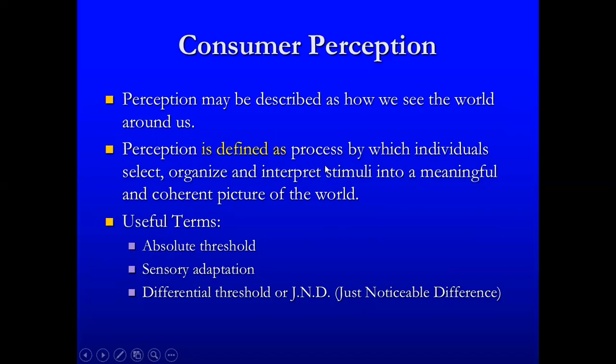Perception is defined as process by which individuals select, organize, and interpret stimuli into a meaningful and coherent picture of the world. Some useful terms for marketers are absolute threshold, sensory adaptation, differential threshold, or just noticeable difference. These are important terms for a marketer.